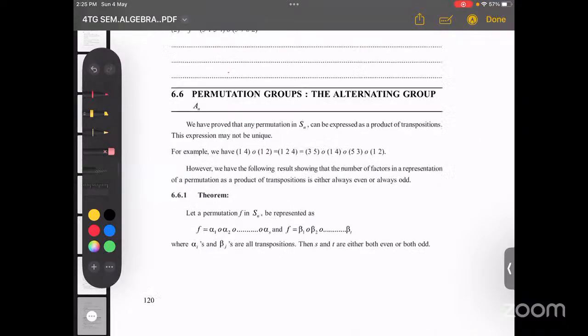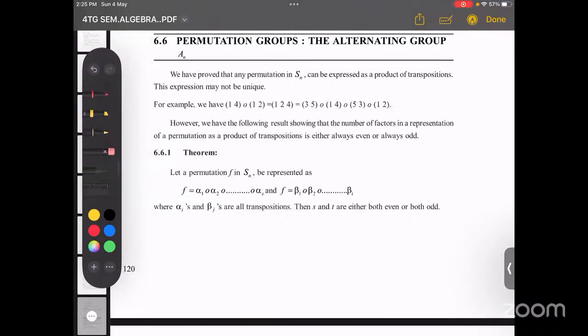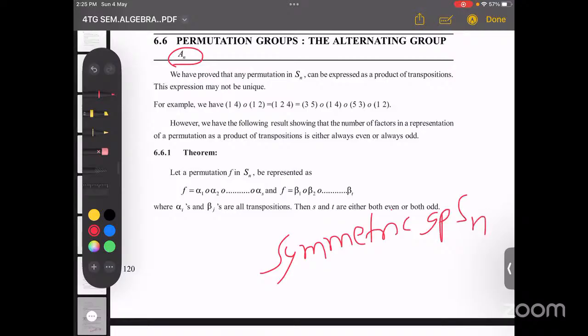Next we have the topic in permutation groups: the alternating group. The alternating group is denoted as An. The symmetric group, as we have seen before, is denoted as Sn.